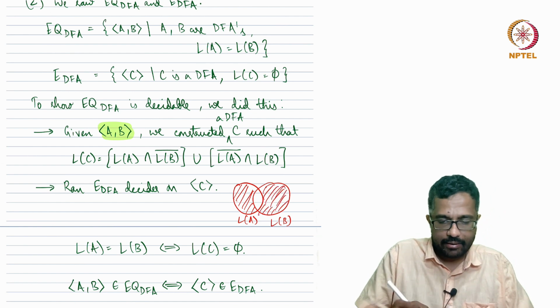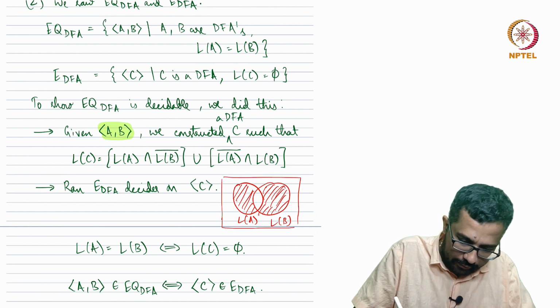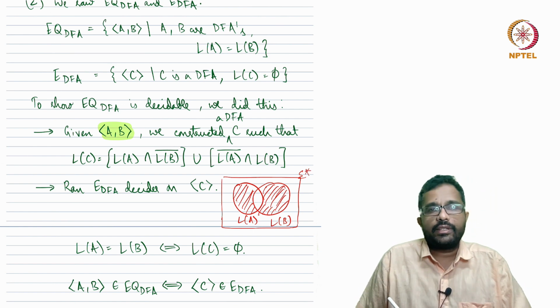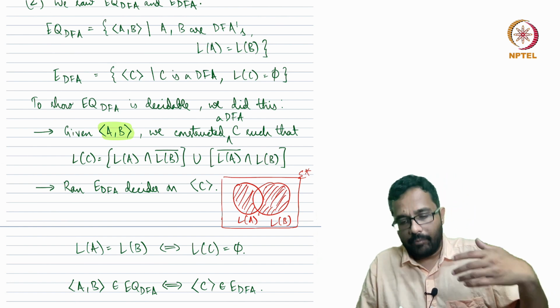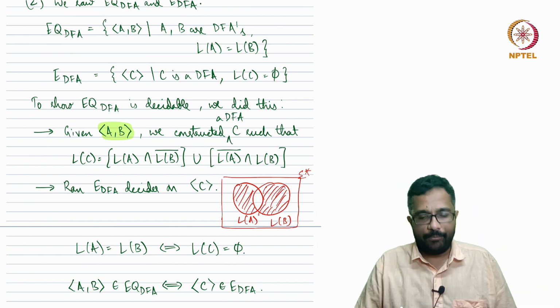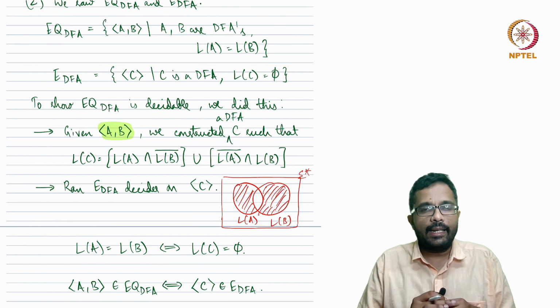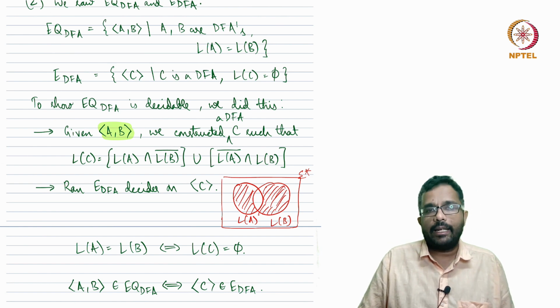So this is sigma star, and the shaded portion is what L of C should be: everything that is in A but not in B, and everything that is in B but not in A. This is called a symmetric difference. Now if the languages L(A) and L(B) are the same, then the symmetric difference will be empty.